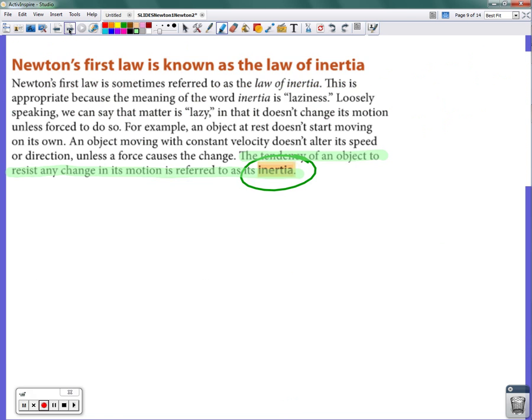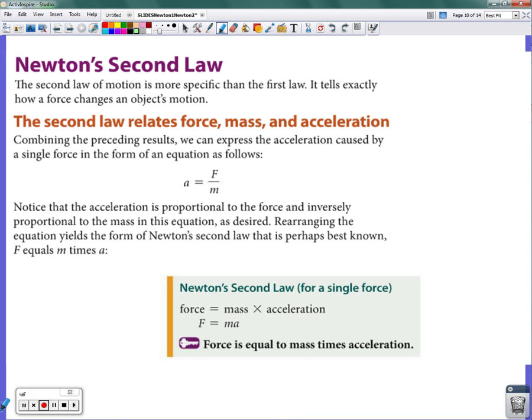That then brings us to Newton's second law. Newton's second law of motion tells exactly how a force changes an object's motion. We have discussed changes in an object's motion previously.